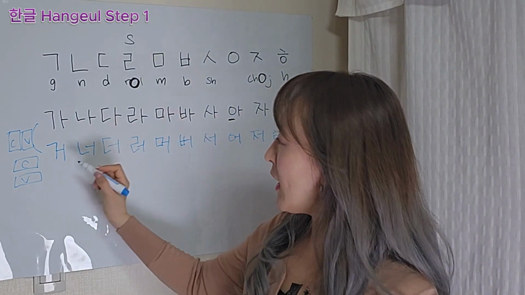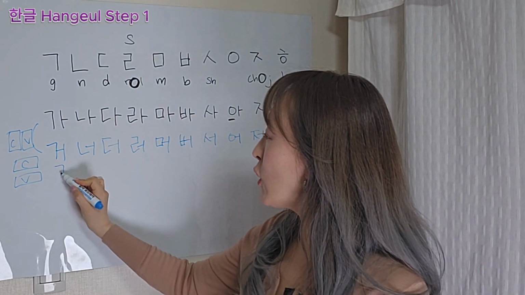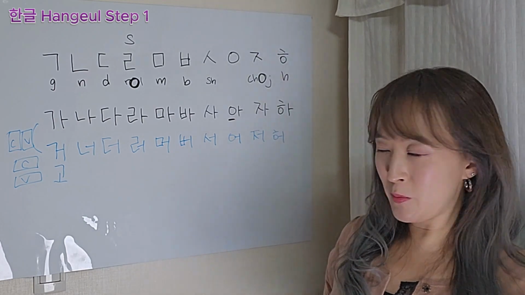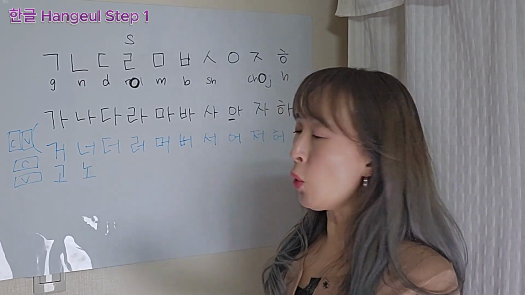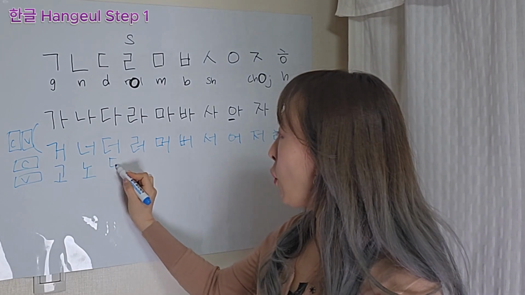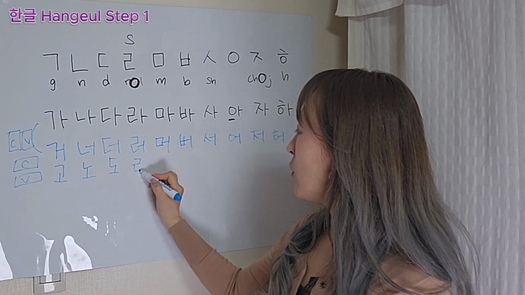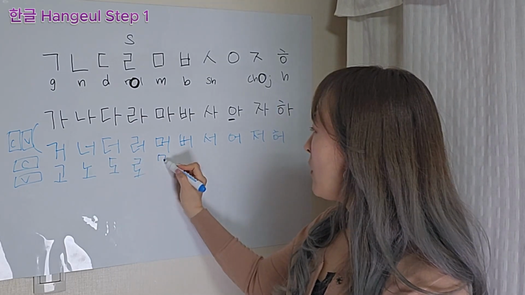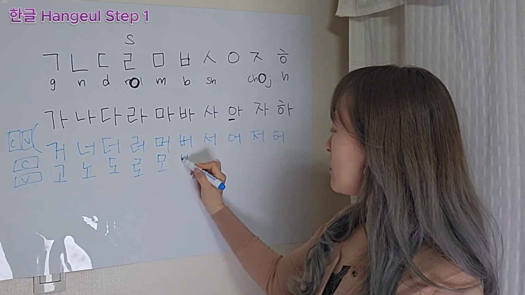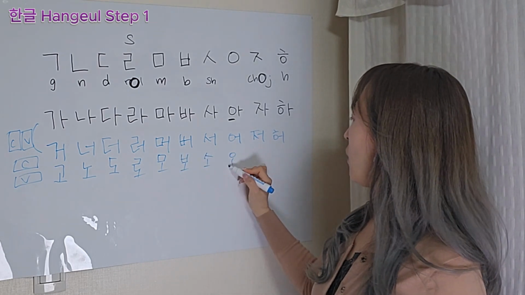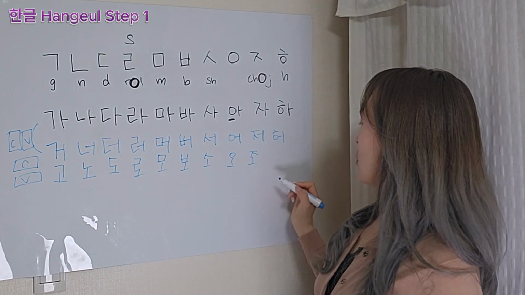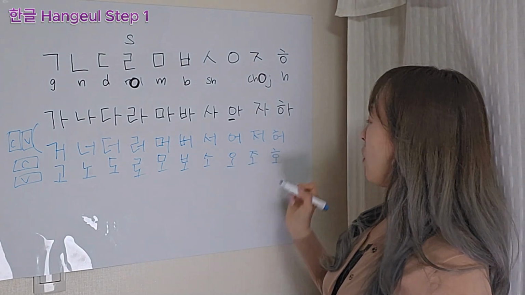So O, like go, will look like this. Go, no, to, ro, mo, bo, so, o, jo, ho.